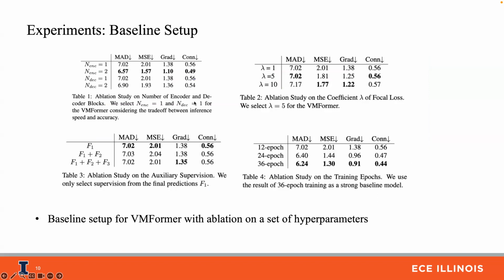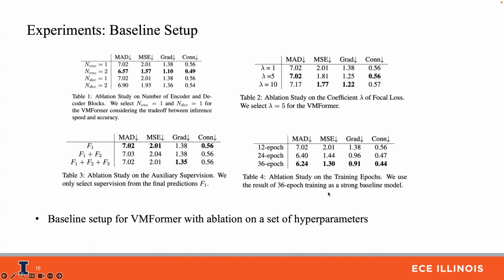And here are some experiments on how we set up the baseline. There are many hyperparameters like the number of encoders and decoders, the loss ratios for the focal loss, how much supervision should be used on the prediction, and how long we should train the framework, because transformer-based solutions are new to this field, so all the training settings should be evaluated.